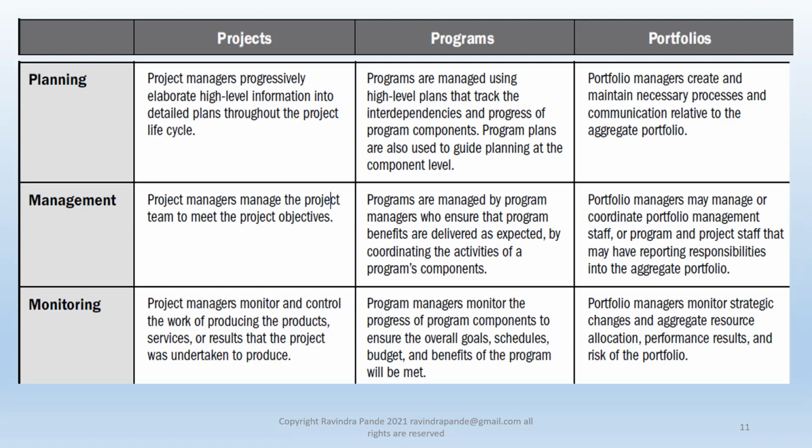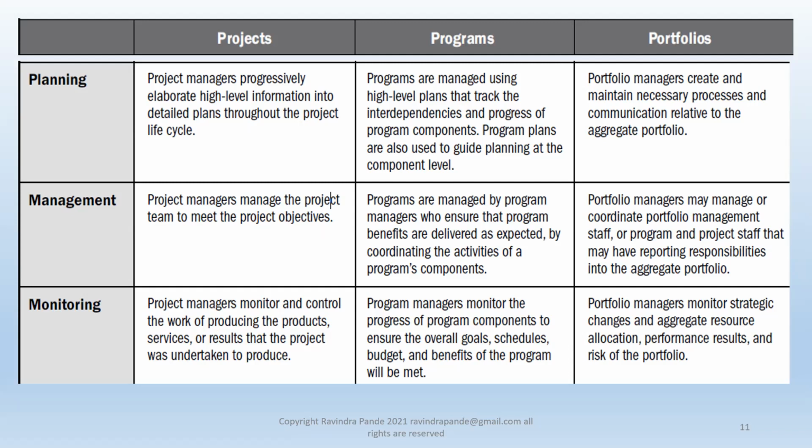This can be sharing resources between teams, sharing space, time, shifts, and all those things within the particular teams as well. Programs are managed by program managers, who ensure program benefits are delivered as expected by coordinating the activities of the program components.